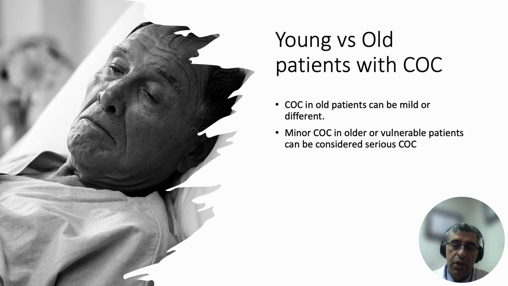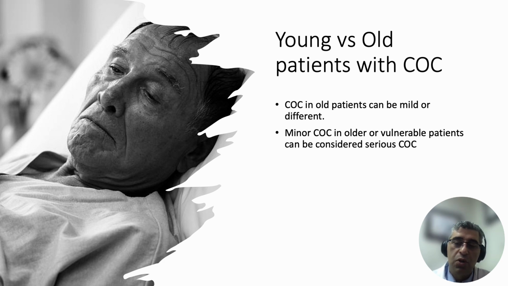For example, an older adult can have a very minor manifestation of severe sepsis, but a young patient can have the full spectrum of symptoms when they're septic. They're both septic, but the older patient is not presenting the sepsis as seriously as the younger person.